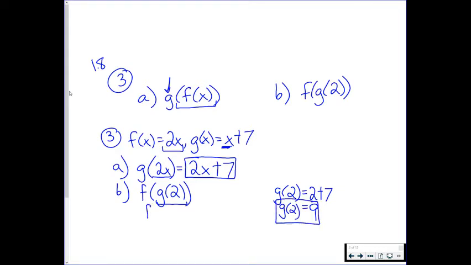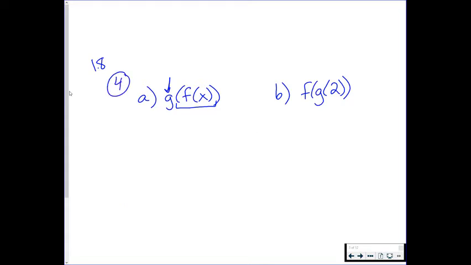Now that we know what g of 2 is, I'm going to substitute that as 9. Now to find f of 9, take 9 and just plug it into the f function. 2 times 9 is 18. So that's how you do question 3 with composition of functions.